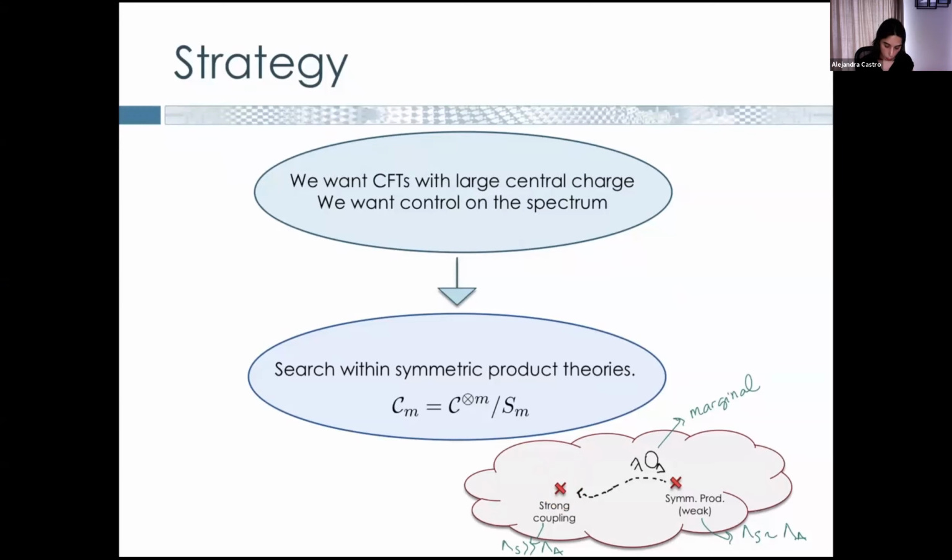Now, one way that we can phrase this is to say we want to look for symmetric product theories that have marginal deformations, that have a moduli space. And then maybe that can be a signal of things going well.